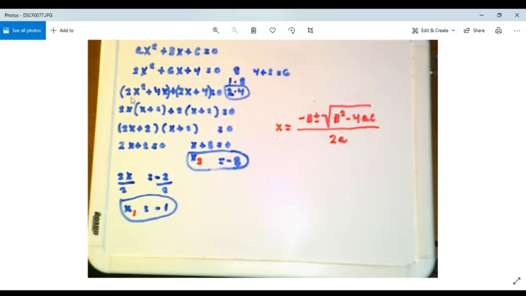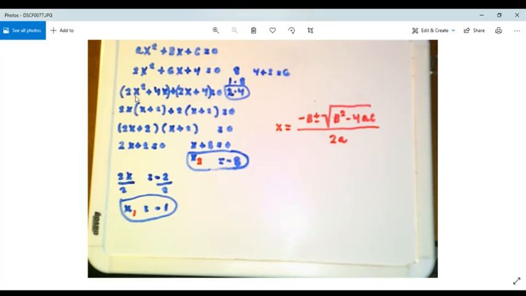And you keep everything else lined up, don't change anything around, and you get 2x squared plus 4x plus 2x plus 4 equals 0.